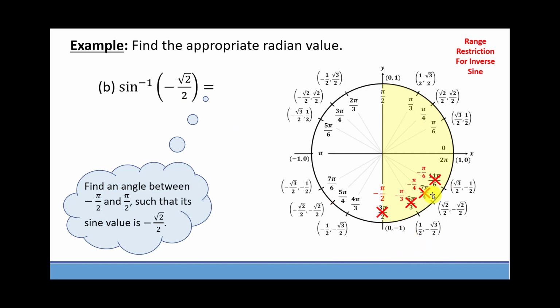So in quadrants 1 and 4, I need to find a point with y-coordinate negative radical 2 over 2. Since it's a negative value, of course, I'll find it in quadrant 4. Here it is. And what is the corresponding angle? Again, we know that in quadrant 4, we're working with negative angles in this case. So it's going to be angle negative pi over 4. Negative pi over 4. That's going to be the answer.